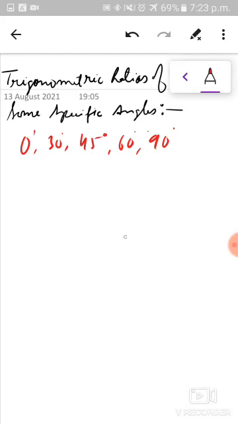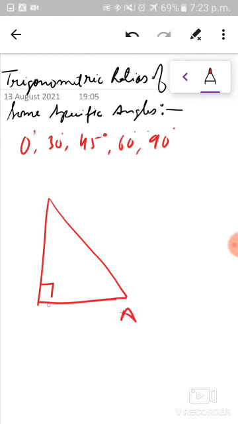Okay, so let us say we are having a right angle triangle, which is an isosceles right angle triangle. Let me say ABC is my right angle triangle. Isosceles right angle triangle means AB and BC are equal. Let me say AB is small a and BC is also small a, right?